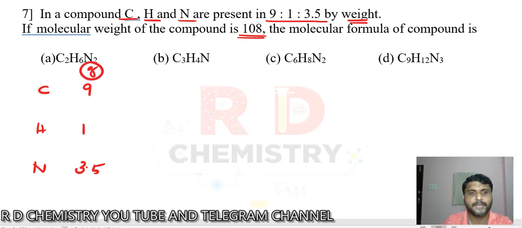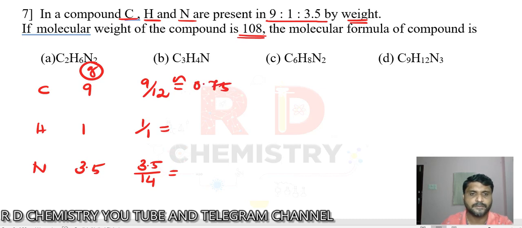Then we have to calculate the number of moles. 9 divided by 12, the atomic mass of carbon is 12. 1 divided by the atomic mass of hydrogen, 1. Then 3.5 divided by the atomic mass of nitrogen, 14. We'll get approximately 0.75, this is equal to 1, and this is approximately equal to 0.25.